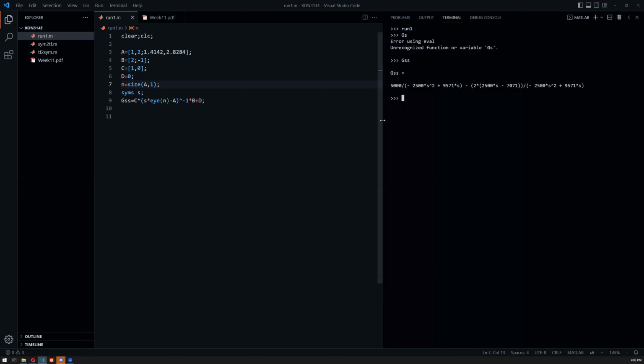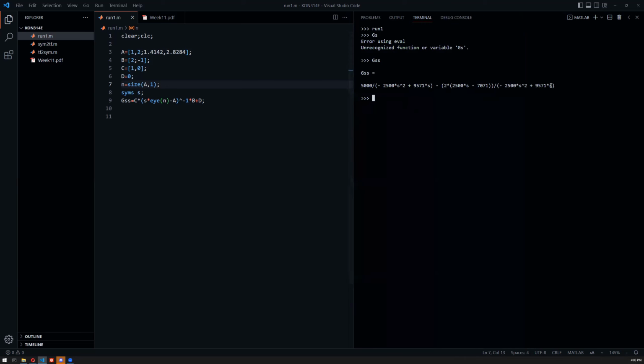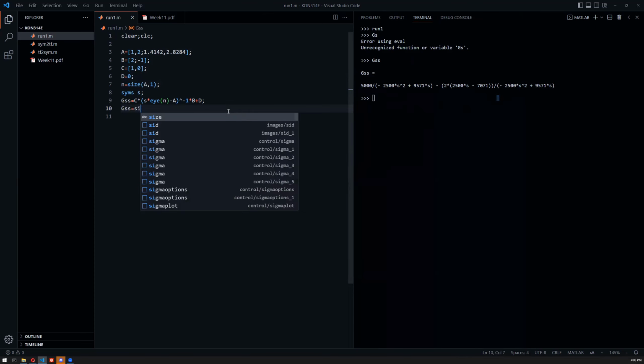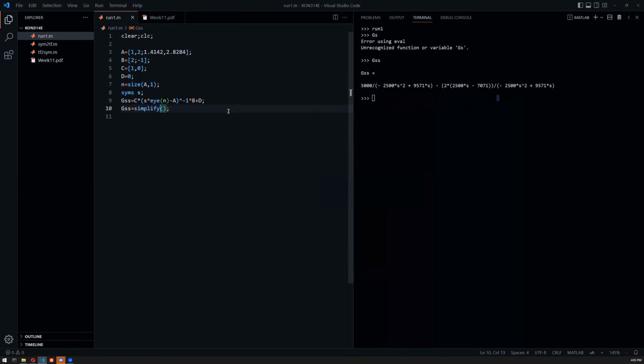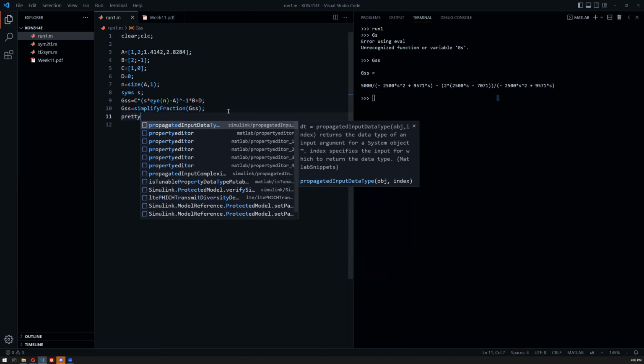Now, it makes sense that we have some s squared in here because it should be a second order transfer function. Let me use simplify, and an even fraction maybe, on GSS. And then maybe pretty GSS.